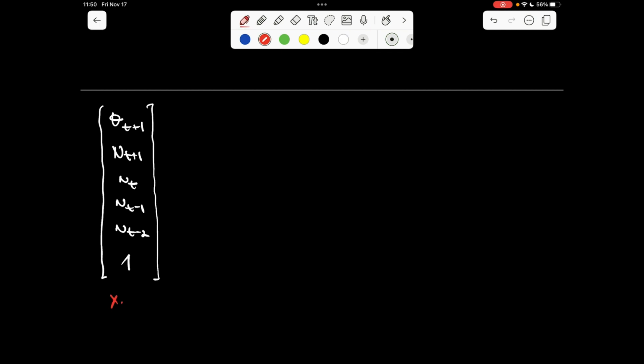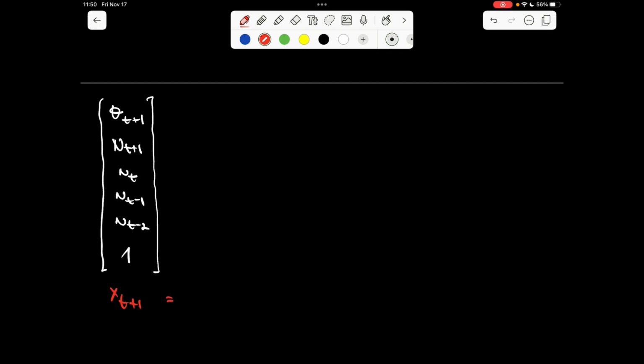This is the state vector in period t plus 1. Here we are going to have a huge matrix A.